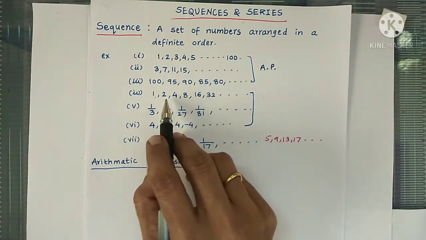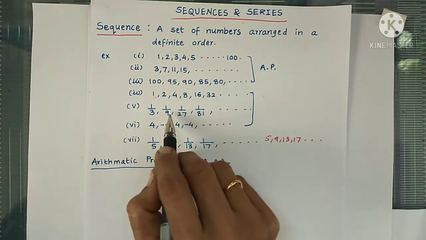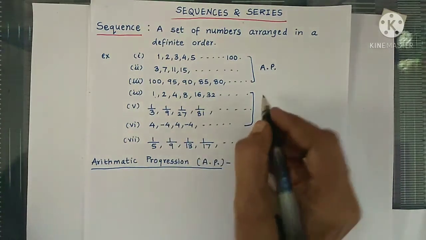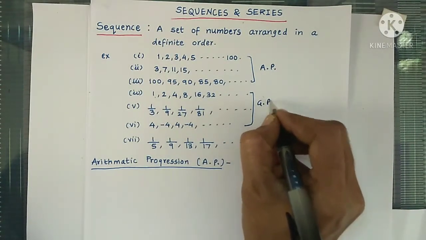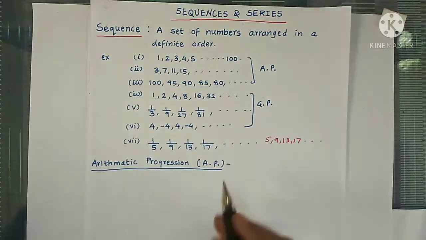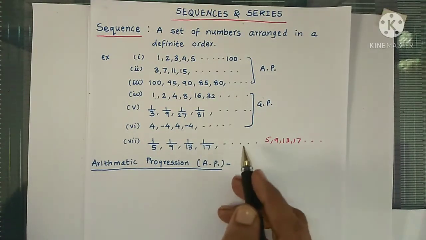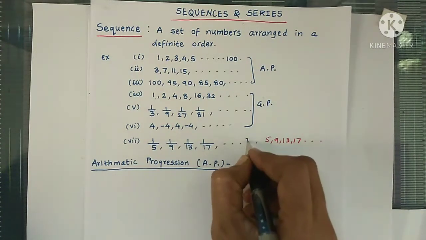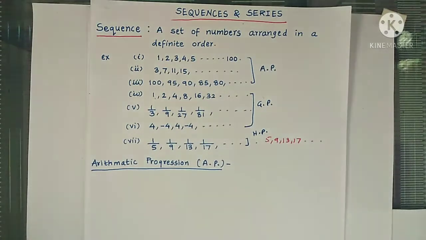So the ratio may be greater than 1, may be less than 1, may be a fractional number. Such sequences are known as geometric progression, GP. And if we take the reciprocal of the numbers and the reciprocals are in AP, such sequences are known as harmonic progression. So the last one is harmonic progression. Last year you studied AP. Now this year we are going to study GP and HP.